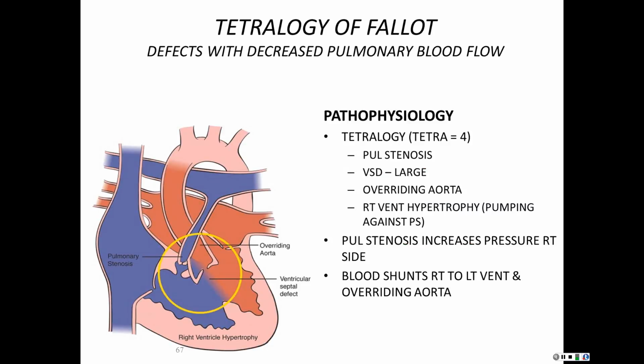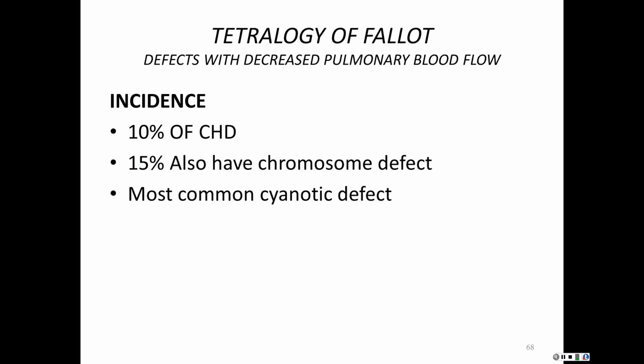We've talked about the pathophysiology, and the four defects: pulmonary stenosis, overriding aorta, and the others. 10% of congenital heart defects are tetralogy, and 15% have chromosomal defects.